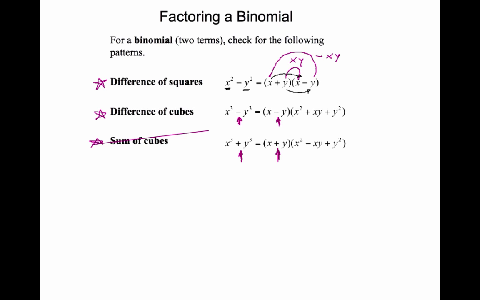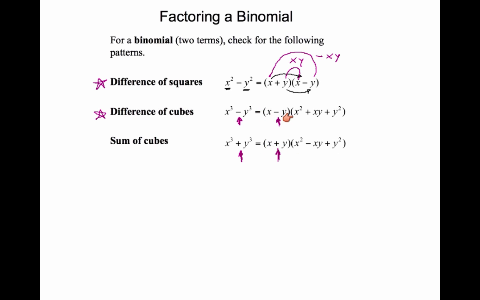So if I have x cubed minus y cubed, you need to memorize this. You need to find a way to memorize these two formulas. If I have x cubed minus y cubed, the first term would be x minus y. If you have x cubed plus y cubed, the first term would be x plus y. So that's the easy way to remember it. The signs match.